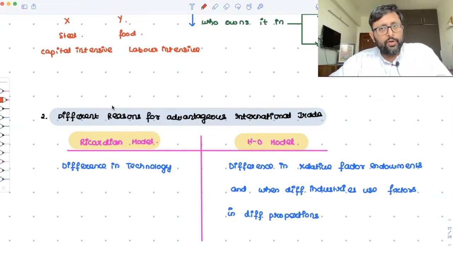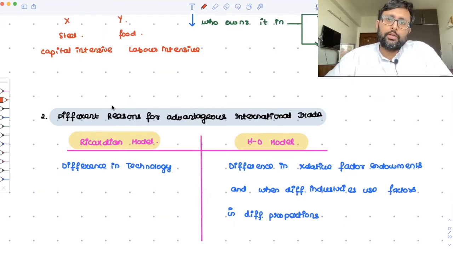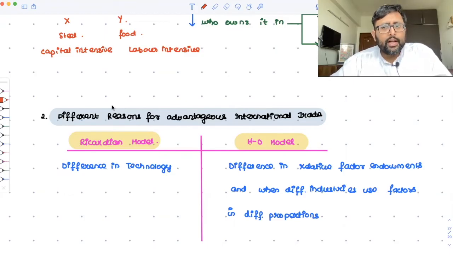In HO model, what we are assuming is it is basically the differences in the factor abundance and the differences in the intensity with which you're going to use these factors, which is going to give rise to the trade. Of course, HO model has assumed the technology is same across the countries.